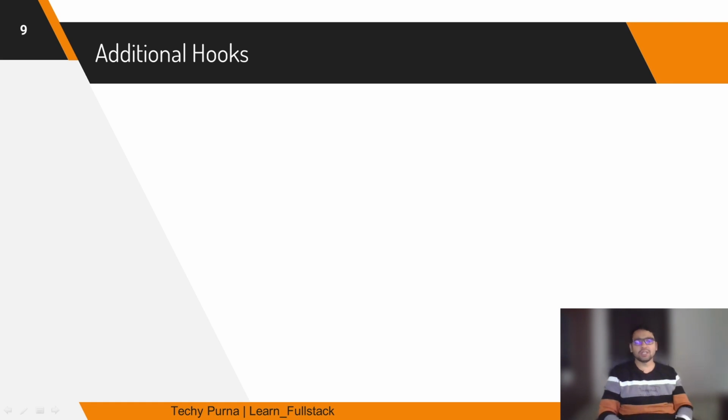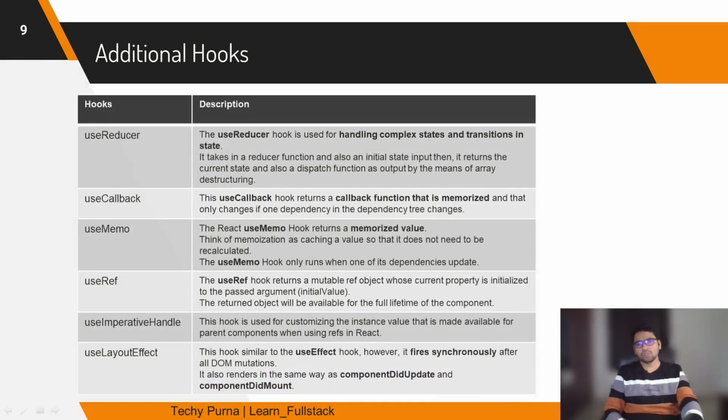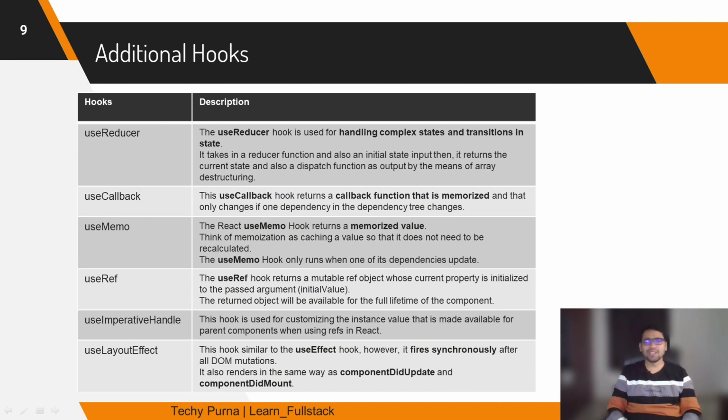There are a few more additional hooks also. We are not going to talk about them in detail because this session would be too lengthy. I will cover these hooks in a future session. Just for your notes: the useReducer hook is used for handling complex state and transitions in state.